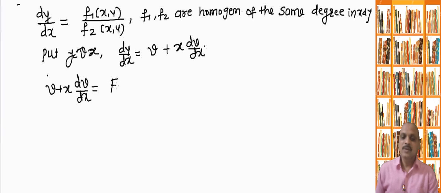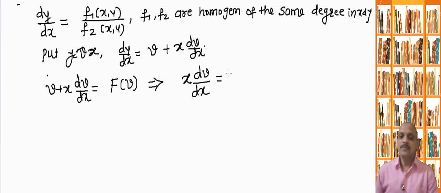a function of v, where in the right side you can see that we have substituted y equal to vx, so that x will get cancelled and we remain with terms only in v. Easily we can write this equation in the form x into dv by dx equal to f of v minus v.